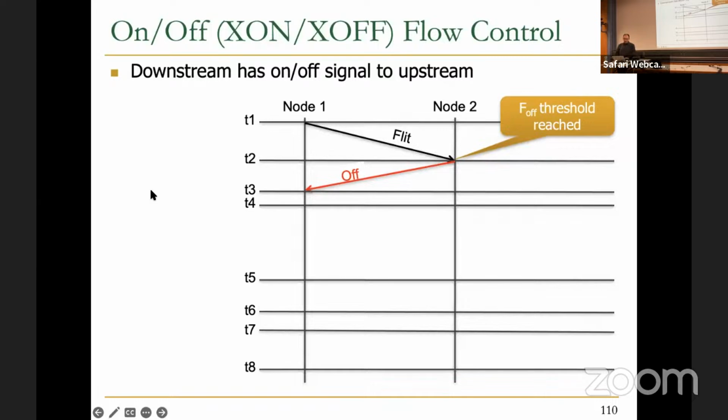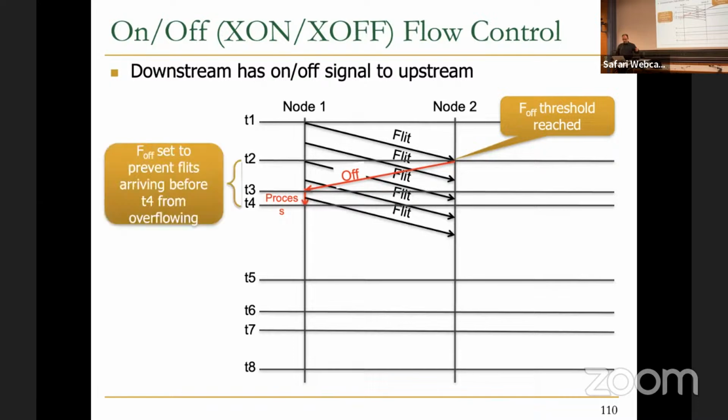So node 2 proactively sends the off signal, but in the meantime, node 1 sends packets. At some point, node 1 observes the off and then stops. Then at some point, node 2 also traverses some other flits.